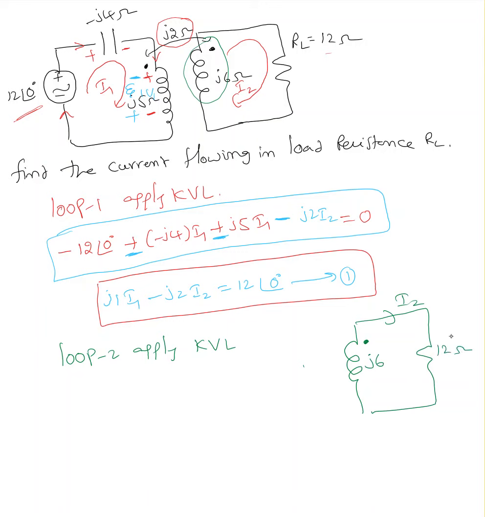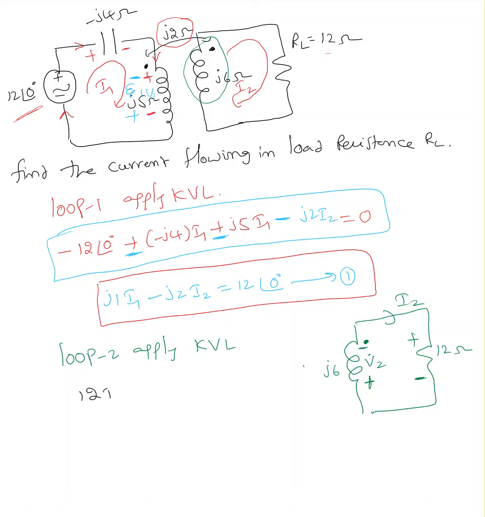According to my I2 direction, this is plus and minus, this is plus and minus. Let me take this as V2. So here in loop 2, according to my I2 direction, I give positive negative sign, positive negative sign.